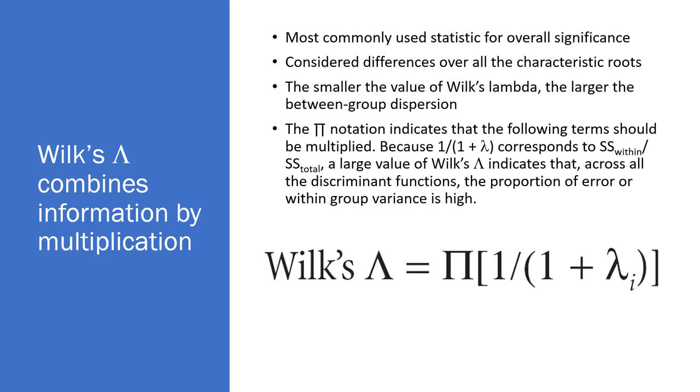Wilks' lambda uses this notation here with the capital pi, which indicates that the terms are multiplied as opposed to added. Wilks' lambda indicates that across all the discriminant functions, the proportion of error, or within-group variance, is high, and we're looking at the proportion of error or within-group variances.